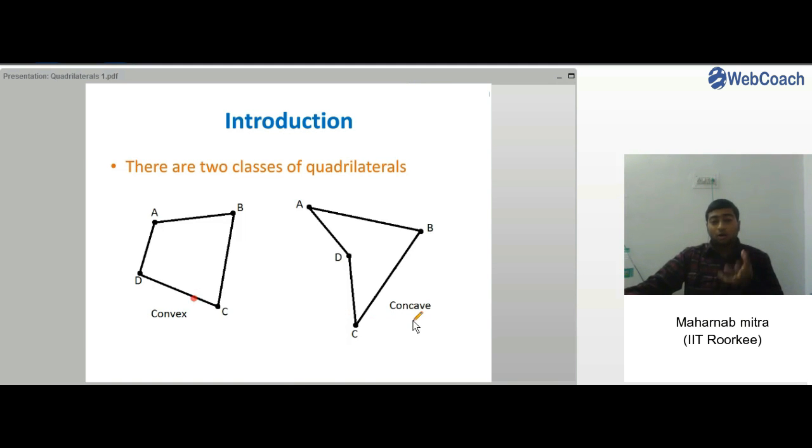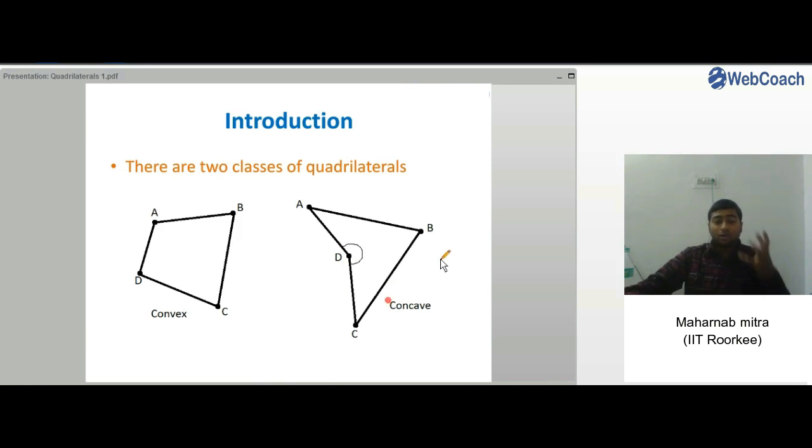Now what are concave quadrilaterals? You can see the vertex D. At vertex D, what is the angle at this vertex? Angle ADC, the angle which is made at the internal side of the quadrilateral. I think you can see that this angle looks like a reflex angle, right? It is more than 180 degrees.